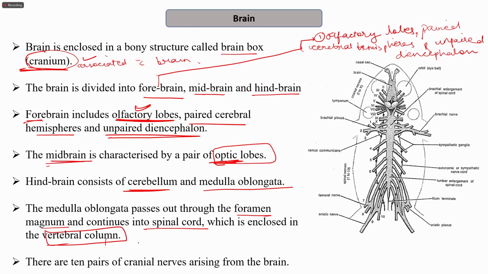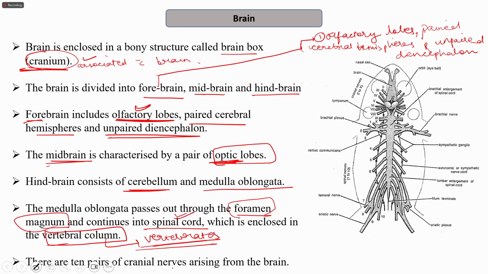We know that they have a vertebral column and hence they are vertebrates. So if you know about the classification and the characteristics of vertebrates, you will be able to relate these things. So the medulla oblongata passes out through the foramen magnum, continuing into the spinal cord, which is enclosed in the vertebral column.